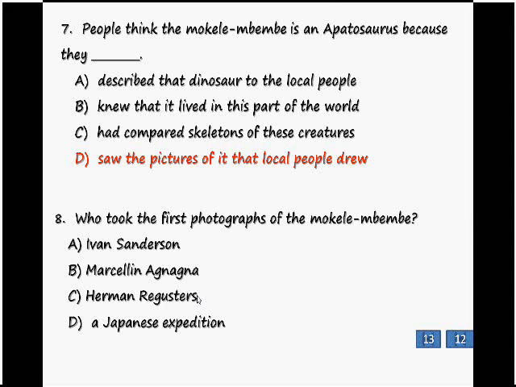Number 8, who took the first photographs of this animal? So here again, my question goes for who. I'm looking for a person, and I'm looking for the first photograph. Again, another strategy for doing this is I go for the names here.